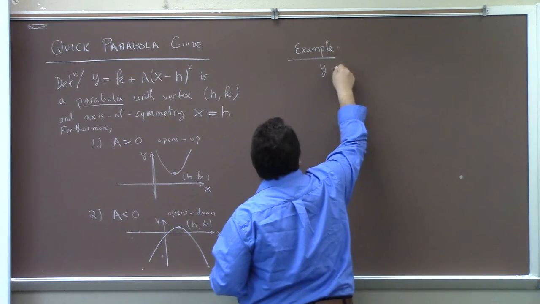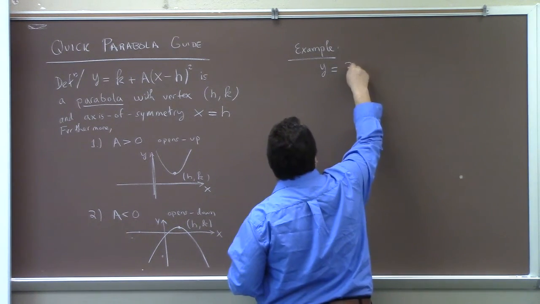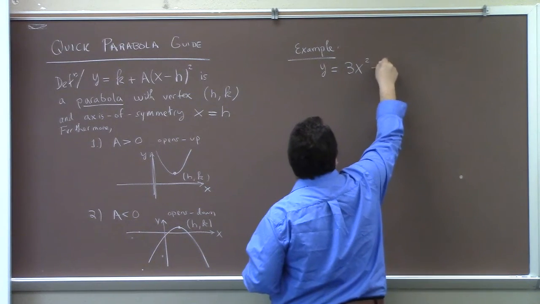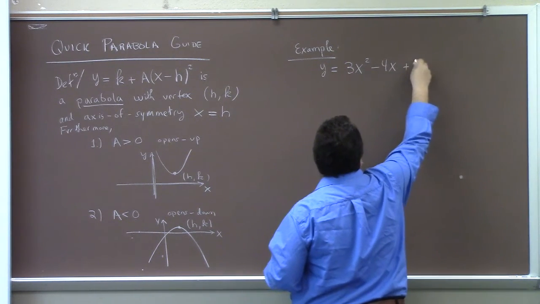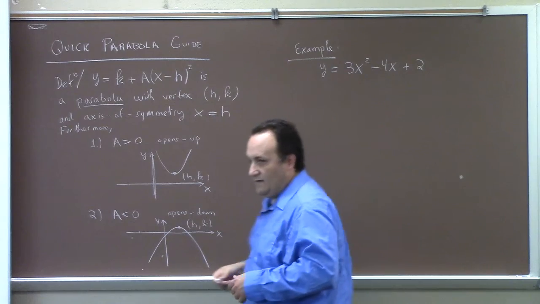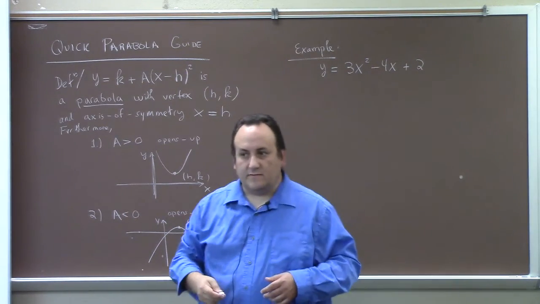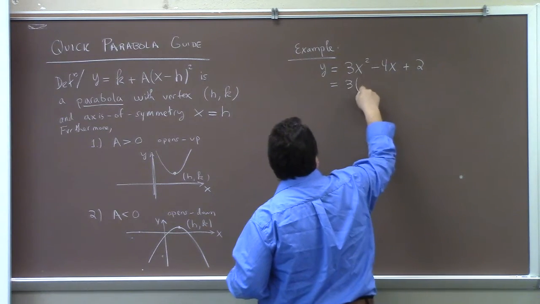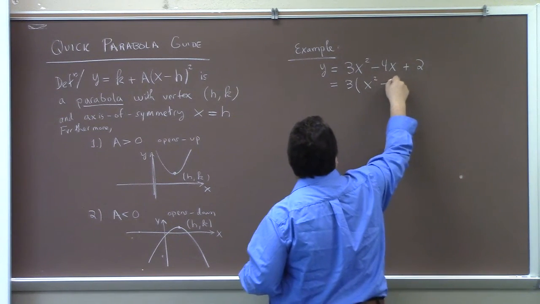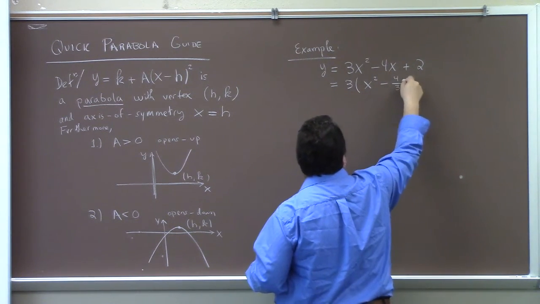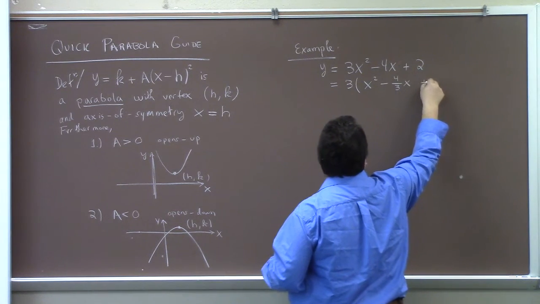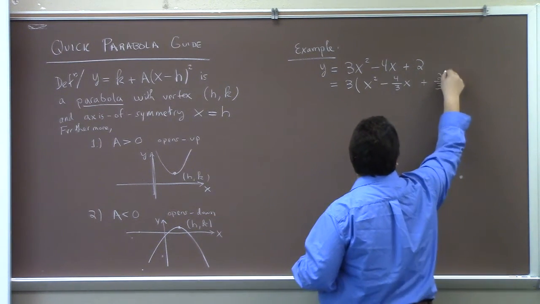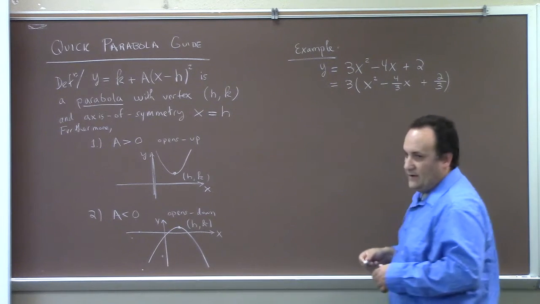For example, if I had y equals 3x squared minus 4x plus 2, and I wanted to graph that, what I would do is factor out a 3. And then I do what?